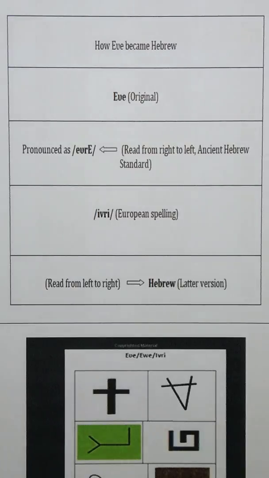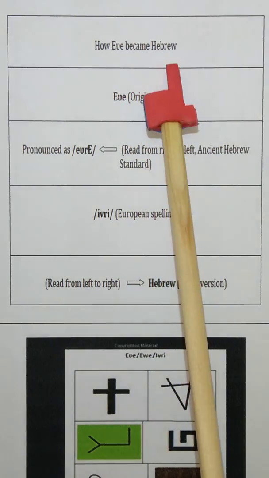What follows is Esau's Eve, an ancient Hebrew name recovered by means of the ancient Hebrew revived complete chart. How did Eve become Hebrew?